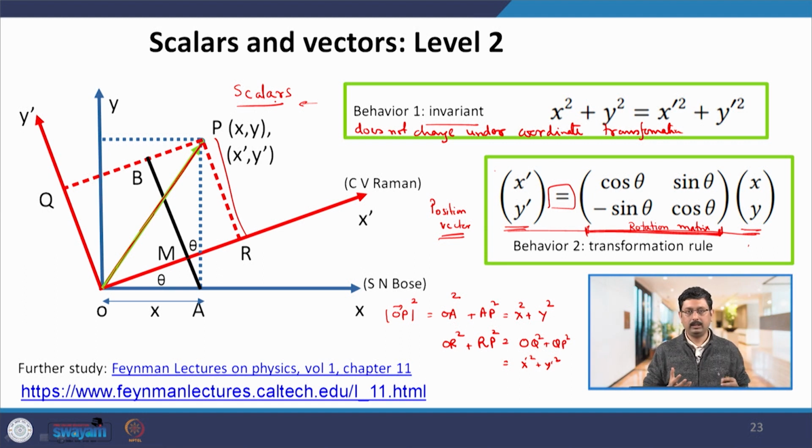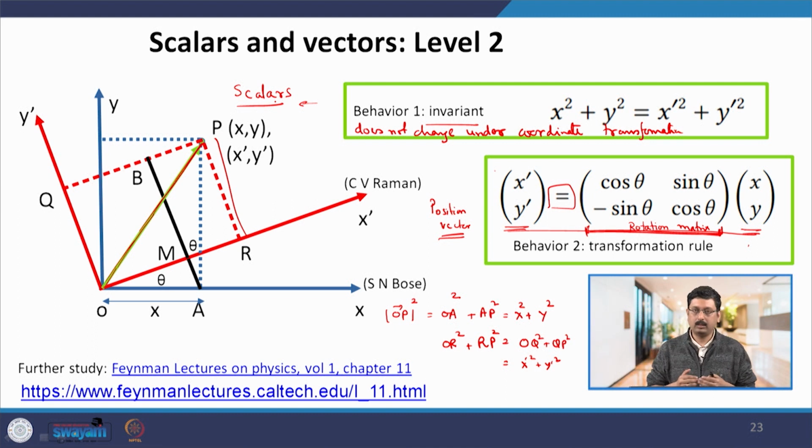For example, if you take an object with some mass, let us say I take this rock and rotate it, each rotation is a coordinate transformation, but it does not change the mass of the object. So, mass is a scalar.